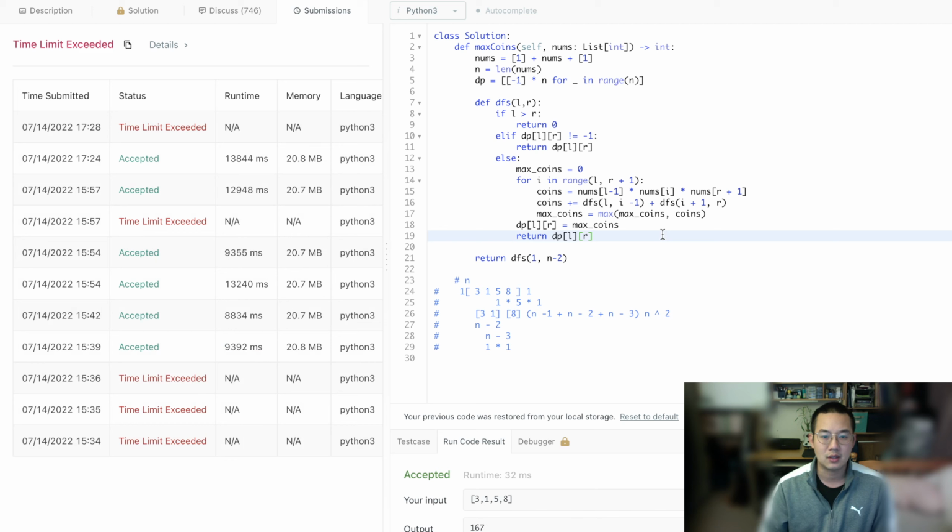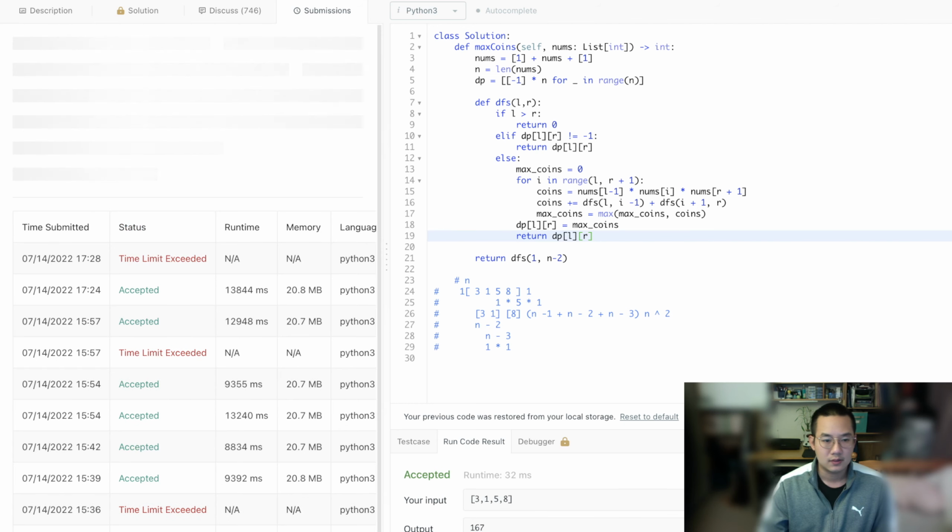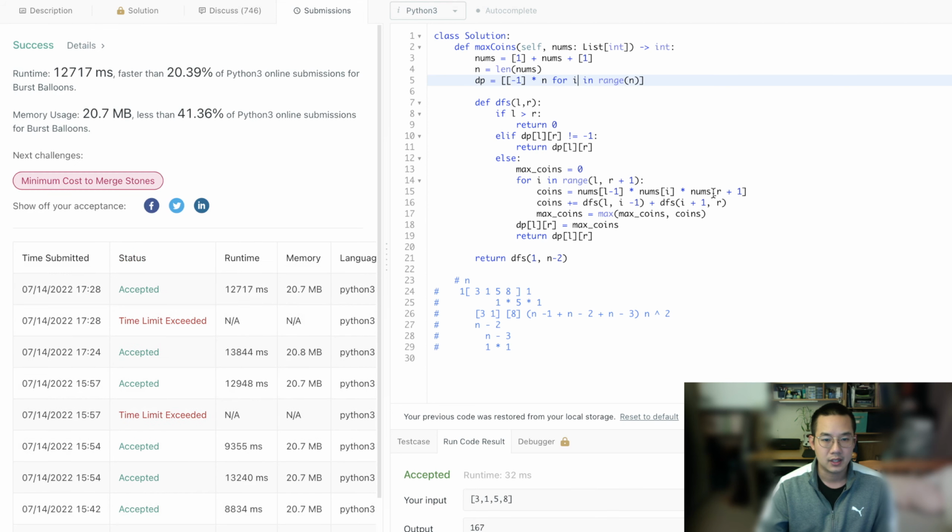Weird. Let's run it one more time. Did I mess up somewhere? I think it's because of this. For some reason, if we do not use an i here, it takes a lot longer. Weirdly enough.